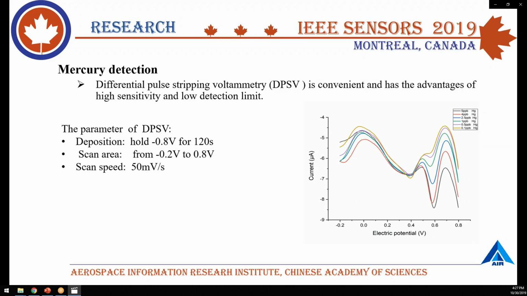DPSV was used for the current response test of the sensor to different concentrations of mercury. The response curve is shown in the image. As the mercury increases, the oxidation current increased. The result indicates that the Ru-MOFs modified microelectrode can be used for detection of trace mercury ions in aqueous solution.